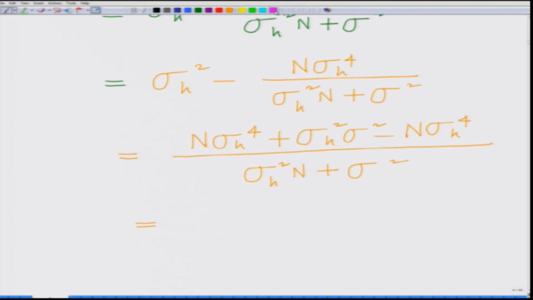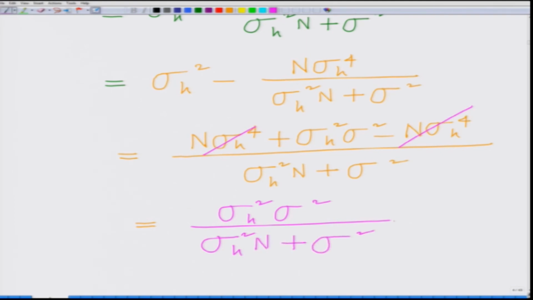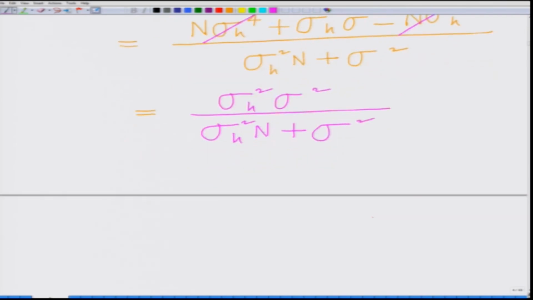Now, these two obviously cancel. So, what you have is sigma h square times sigma square divided by sigma h square n plus sigma square.